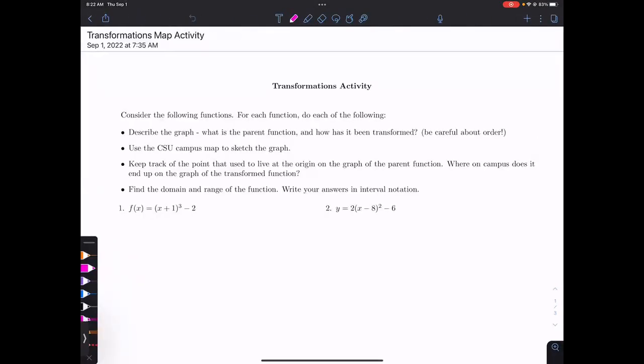Okay, so on the front, which is what I'm calling the front, there are some directions at the top, and then there are 4 functions with varying amounts of stuff going on. What I want you to do for each of these is the same stuff we've been working on, but start by describing the graph. Identify what kind of function it is and how it's been changed or transformed.